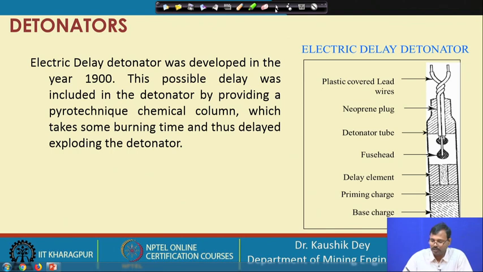If you see the constructional details, first the lead wire gives the electrical signal. The electrical signal comes to the fuse head, the fuse head generates the flame, and the flame reaches the pyrotechnic chemical.